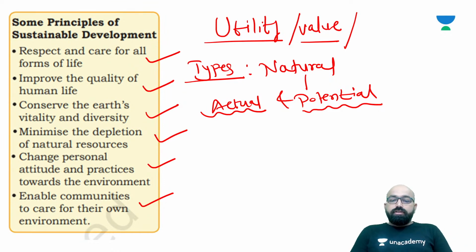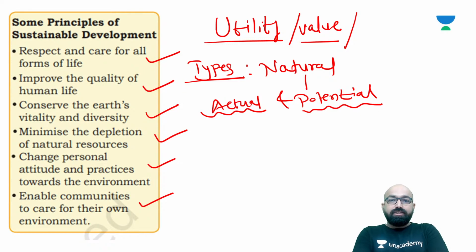Now, the distribution of natural resources depends upon a number of physical factors like terrain, climate, and altitude. So the distribution of resources is unequal because these factors differ so much over the earth.